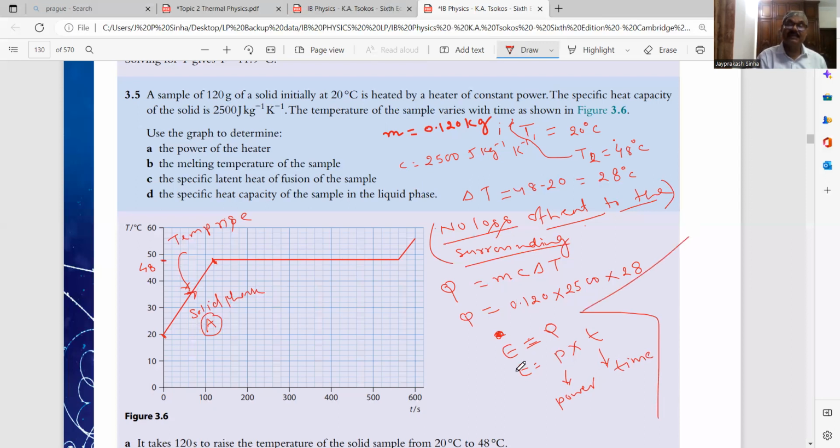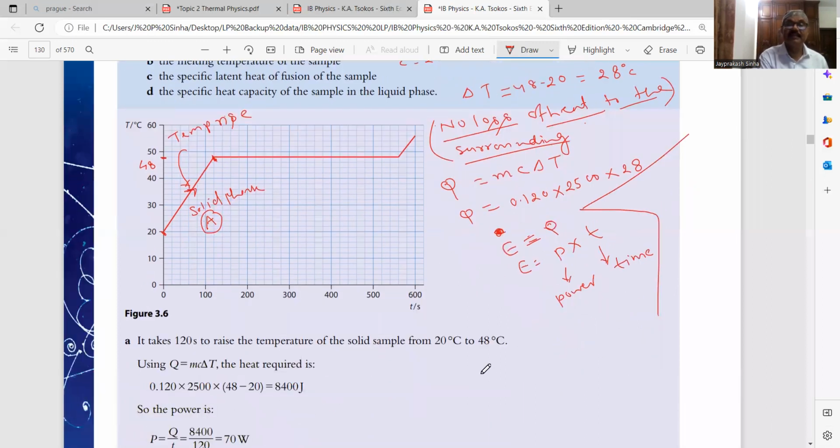Can we write this line as: what is Q? 0.120 multiplied by 2500 into 28 is equal to P into T. What is T here? See here, from here to here.